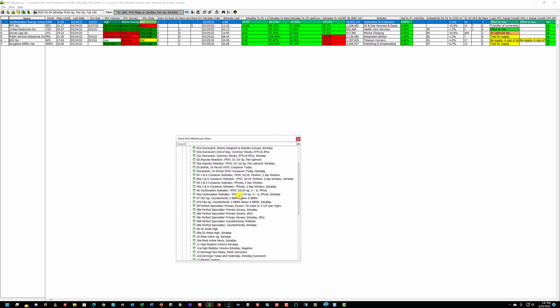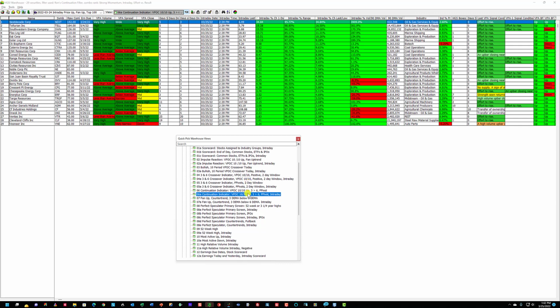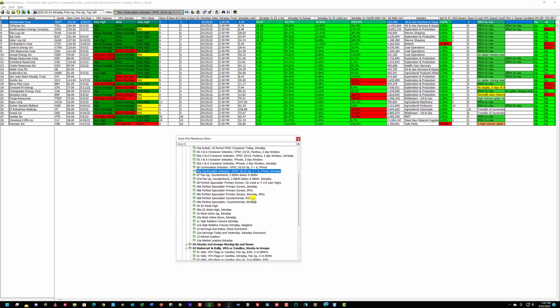And then I showed you that I like to do the continuation indicator that shows me which of these stocks had a pocket pivot yesterday. They're all up. They're all above. 3 is above the 6. That is a requirement of the continuation filter. Now, anything else? There's several things else you can do.